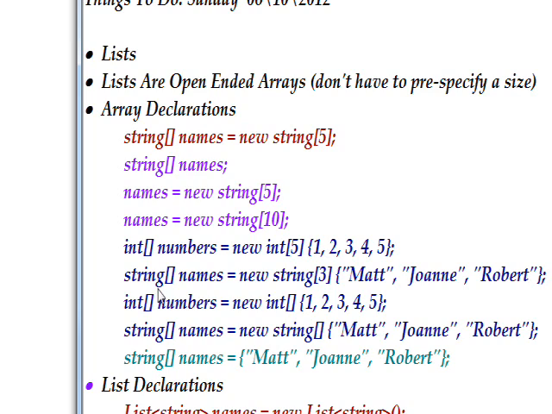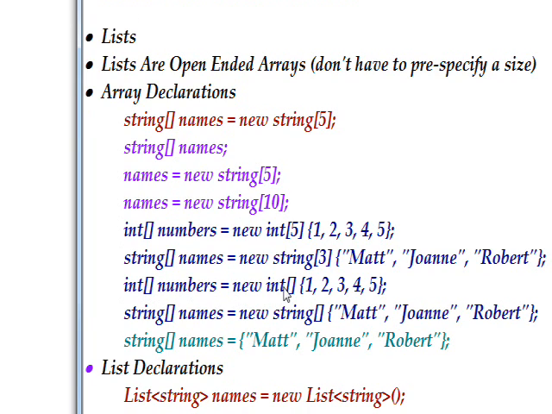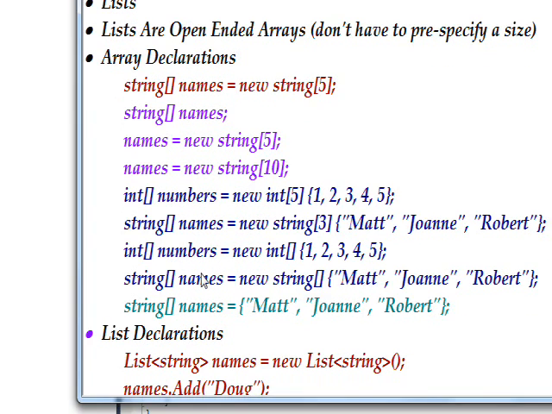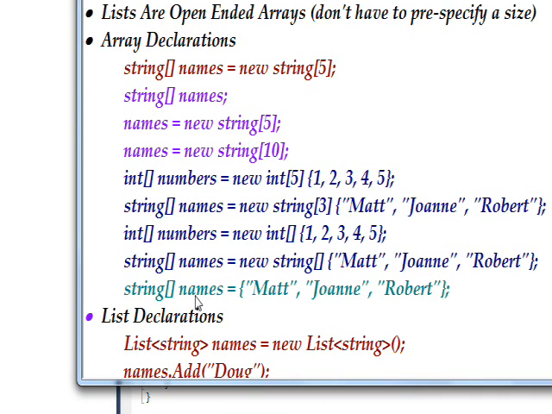Or you can say int square bracket numbers equals new int square bracket with no size, and then the compiler will pick up on the size. It needs to be 5 just by the size of the initializer list. And of course you can do the same thing with string or with int or with any type value.